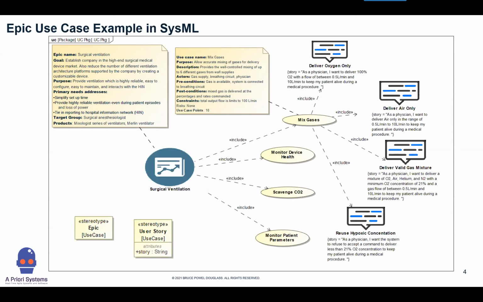So an epic can be considered just a special case of a high level use case. A high level use case could potentially be all done in one iteration. It has multiple use cases inside of it, but the team will develop that high level use case within one iteration.